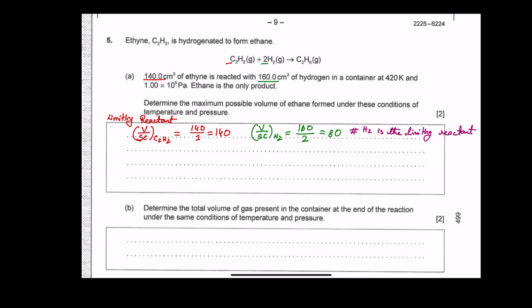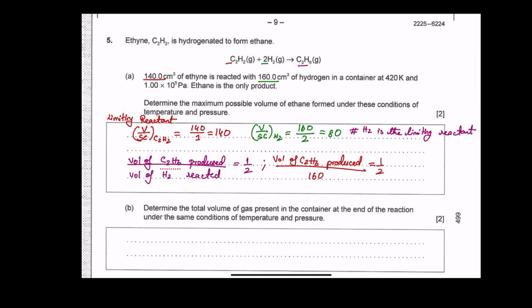Done. Now, using the volume of H2, we have to find how much C2H6 or ethane will be produced. So we can write a volume ratio: volume of C2H6 produced by volume of H2 reacted. This will be a 1:2 ratio, right? Volume of H2 reacted is 160 because H2 is the limiting reactant, so all of the hydrogen will react.